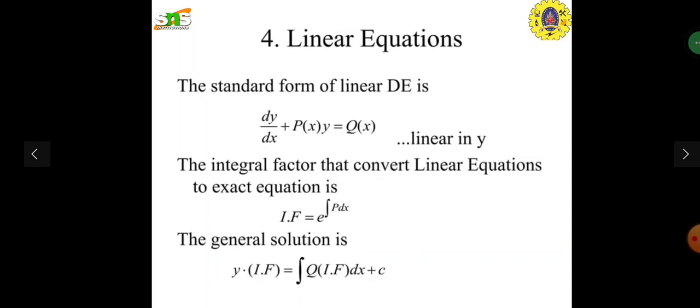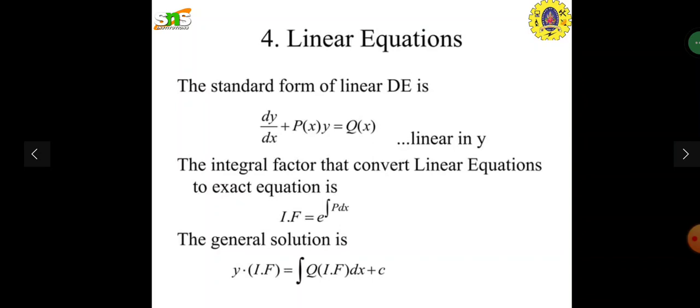The integrating factor that converts linear equation to exact equation can be written as IF, which is equal to e power integral p dx. First we need to find the value of integral p dx, and we have to take the exponential of that term, which will give the integrating factor.